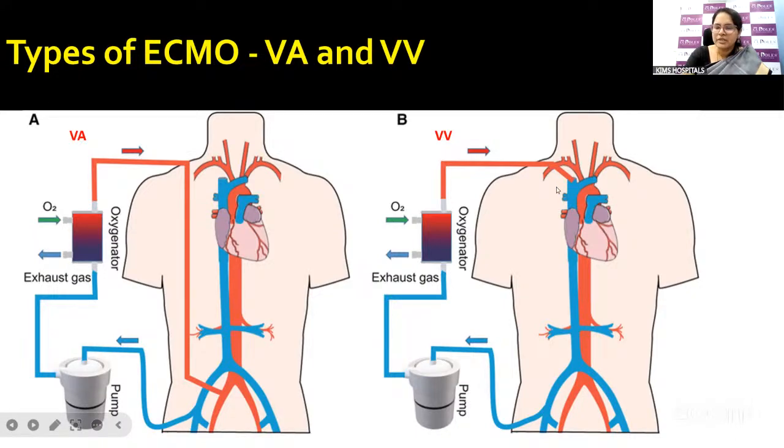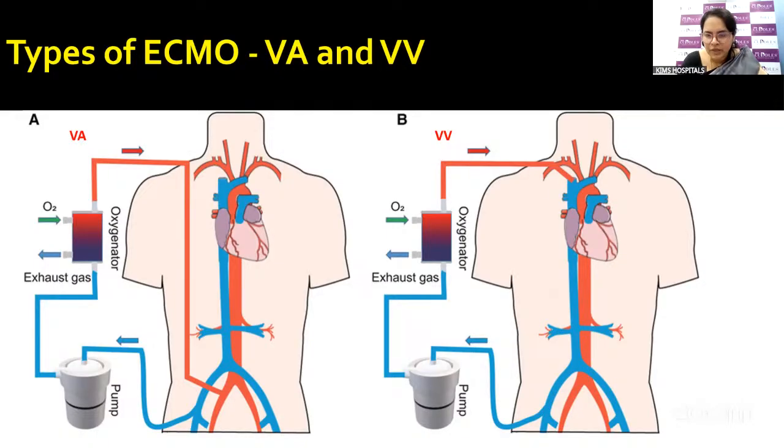So obviously, as we can see here, the heart is not bypassed. The blood still is pumped through the native heart and then perfuses the rest of the body. So VV ECMO only bypasses the lung and does not bypass the heart.